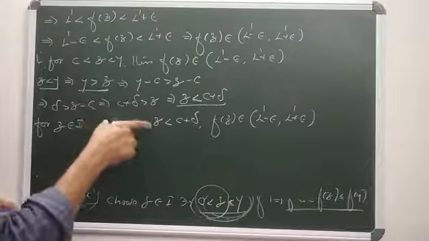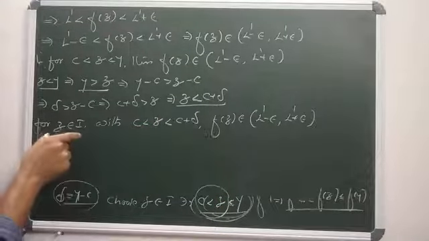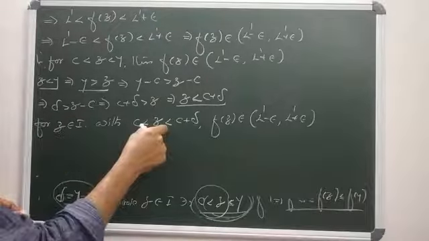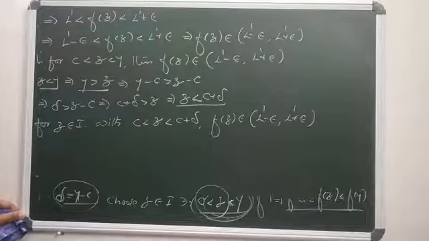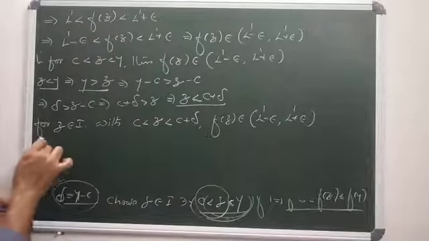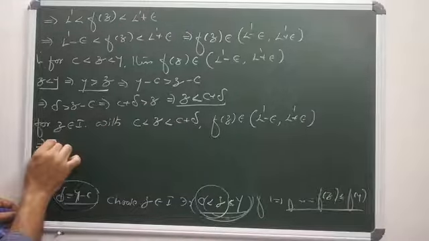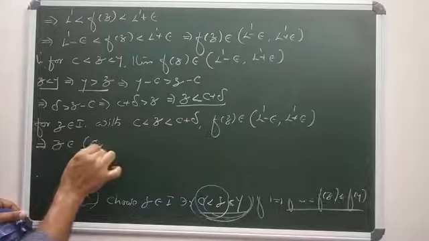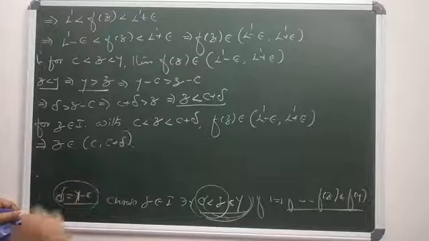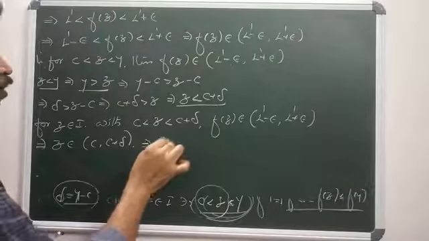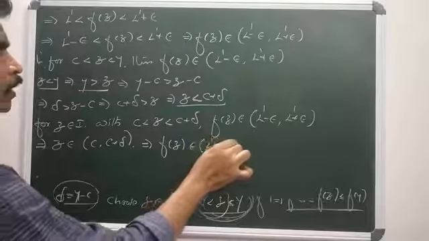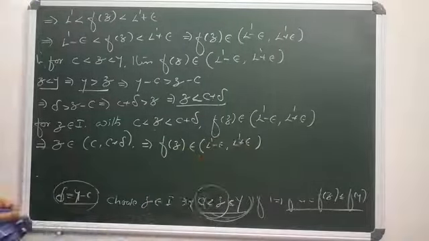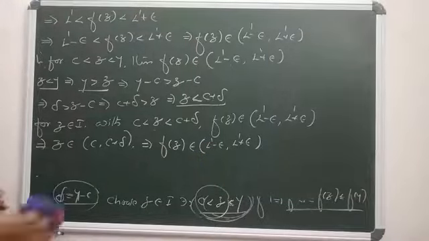So this result comprises this: for z belonging to I with z lying between c and c + delta, f(z) belongs to the open interval (L' − ε, L' + ε). That is, z in the open interval (c, c + delta) implies f(z) in the open interval (L' − ε, L' + ε). Clear?